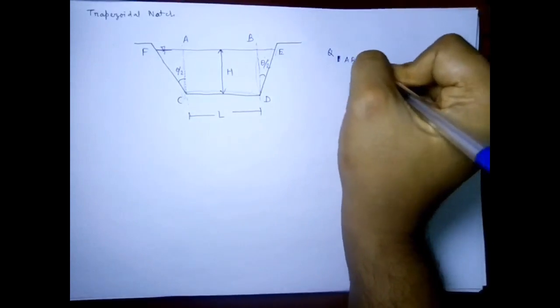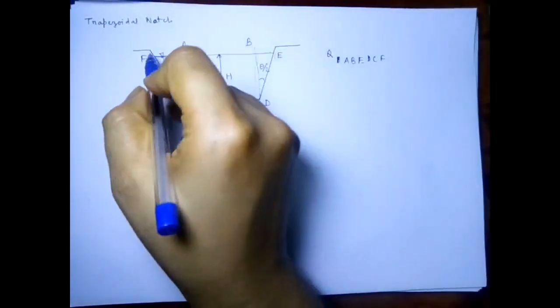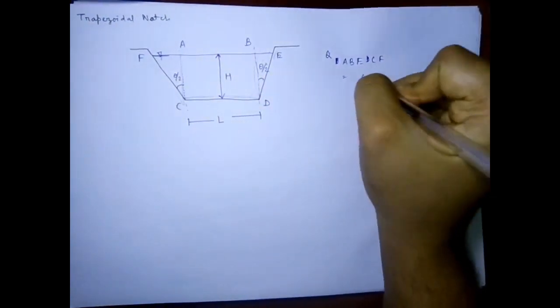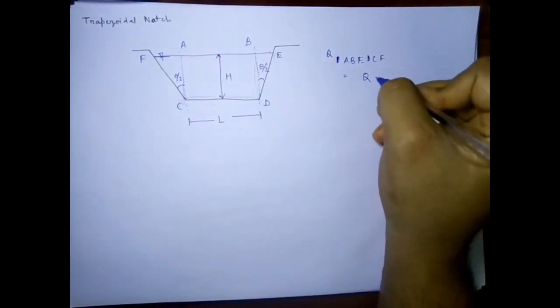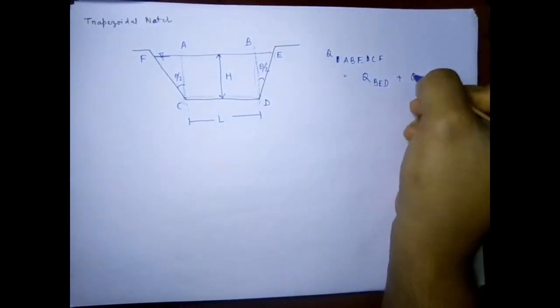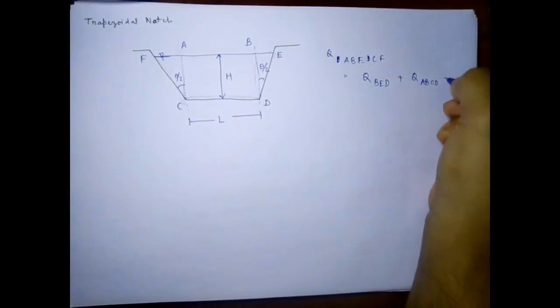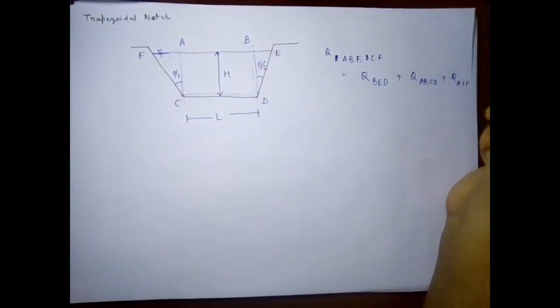QABEDCF is equal to the discharge of BED plus the discharge of ABCD plus the discharge of ACF.